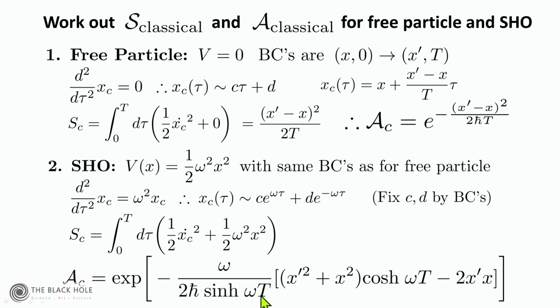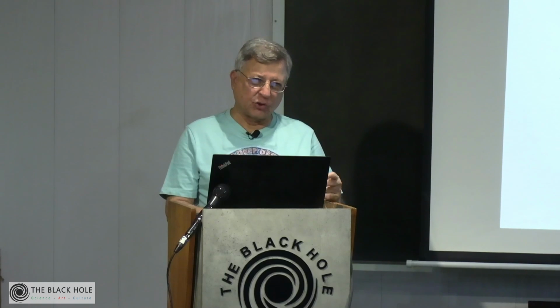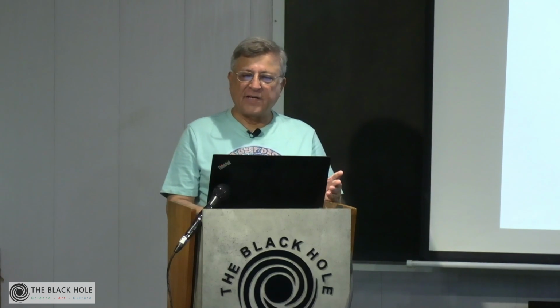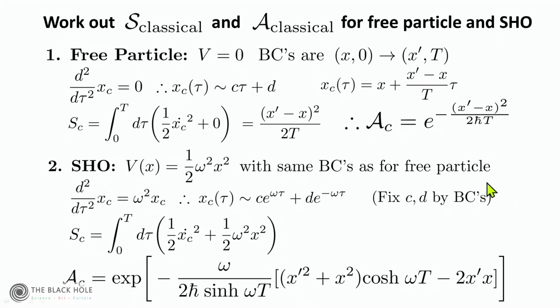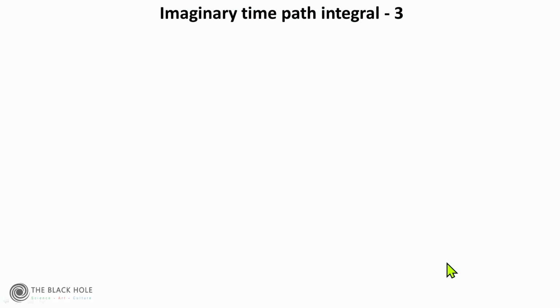And in that case, we have this factor becoming just 1 over t. And look over here, cosh becomes 1. So this is x prime squared plus x squared minus 2x prime x, which is x prime minus x squared. So the free particle and the simple harmonic oscillator agree in the limit that omega goes to 0, as they should, of course.